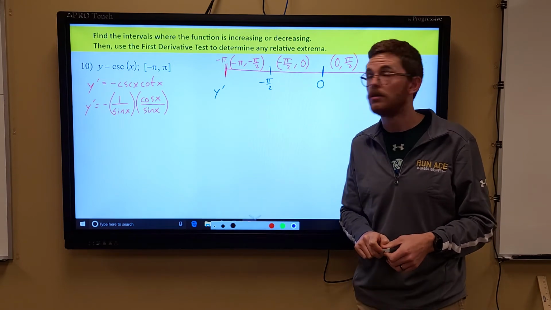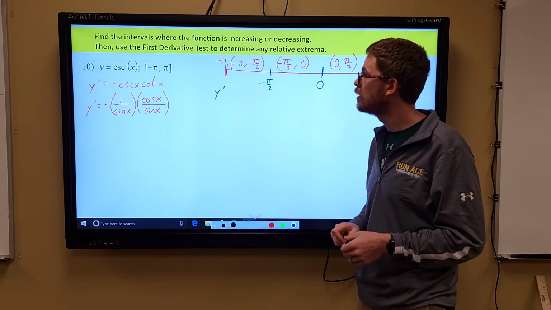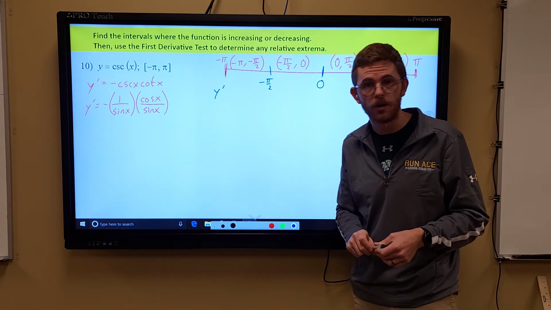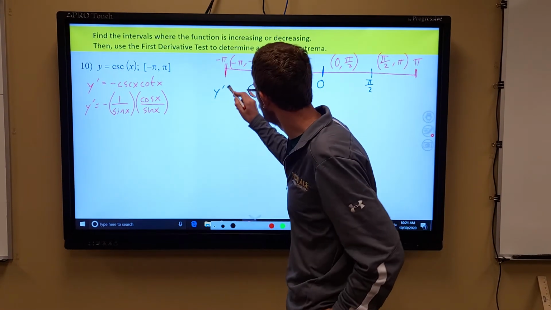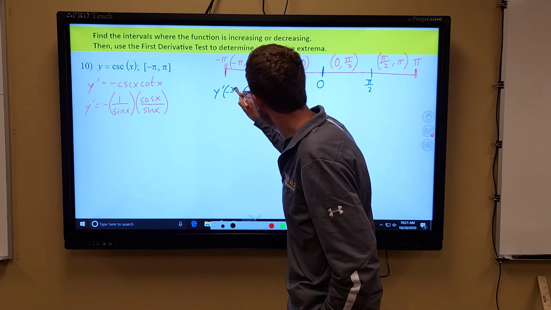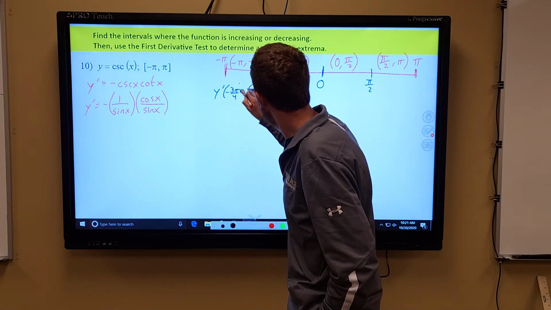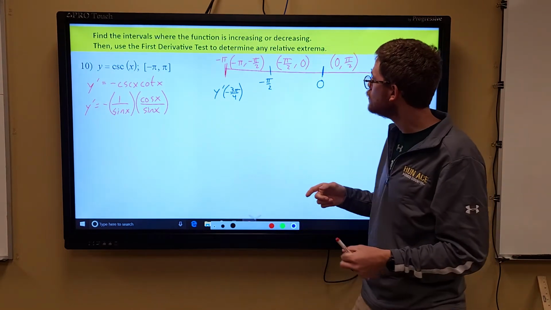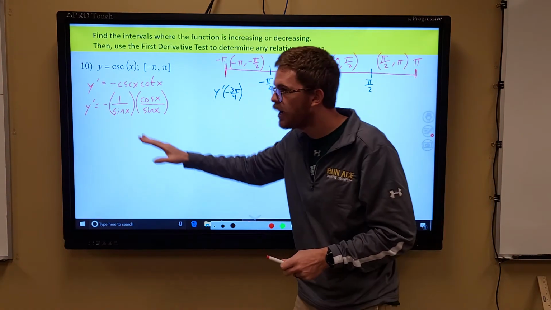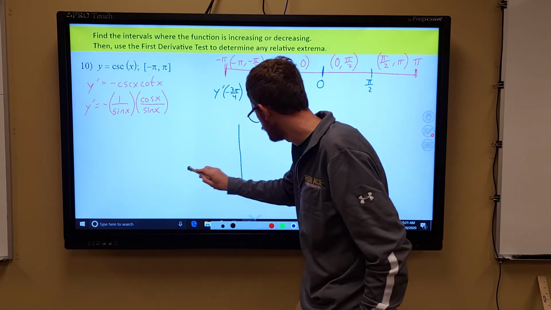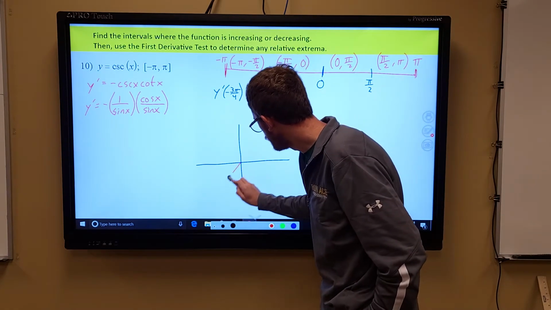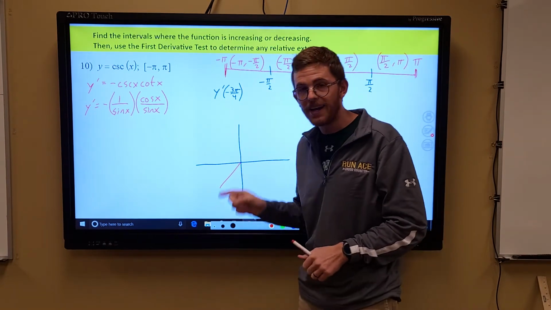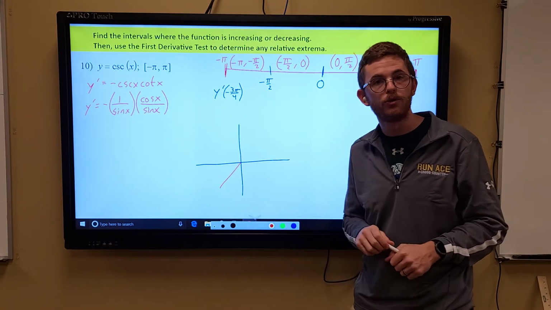Negative 3 pi over 4 is what I want to think about, because it is on this interval. Negative 3 pi over 4 would be in this quadrant where both sine and cosine are negative root 2 over 2.